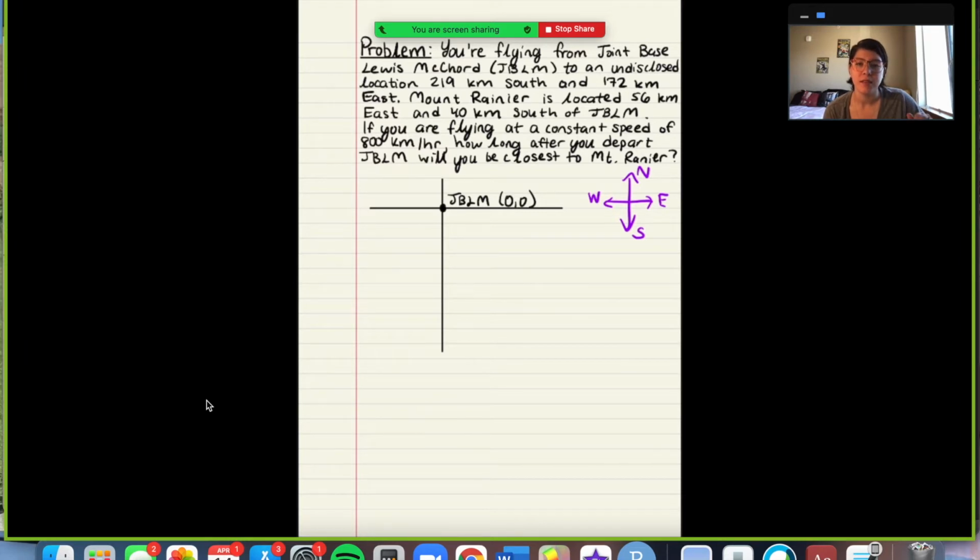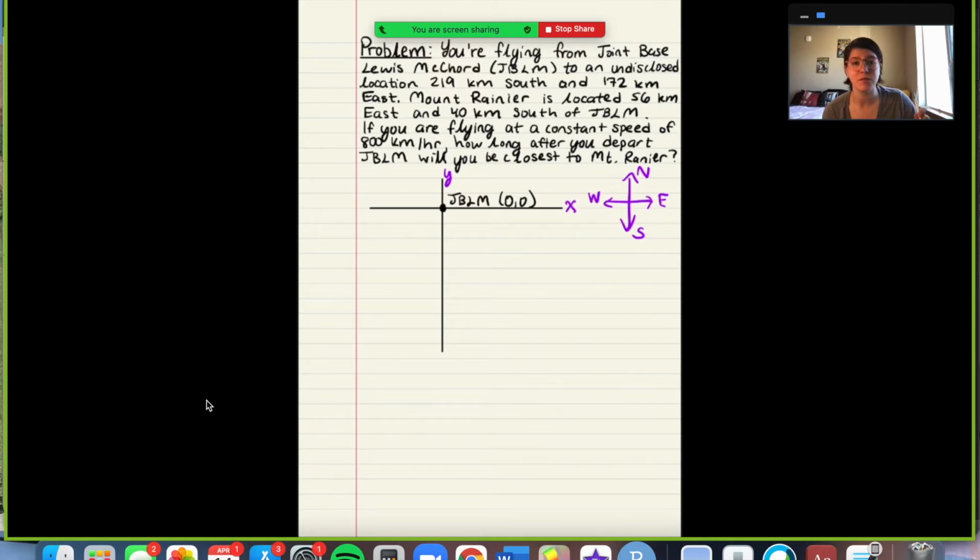So we can think of south and north as up and down on our y-axis. If this is y and this is x, you can think of up as positive y and down as south. The x-axis is east and west. If we're going positive on the x-axis, we'll move to the east; if negative, we'll move to the west.